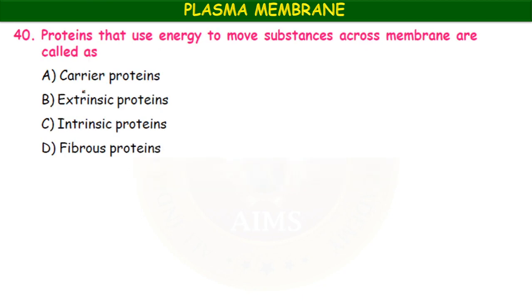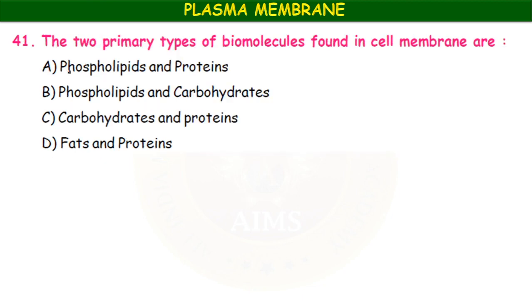The proteins that use energy to move substances across the membrane are called which proteins? Carrier proteins, extrinsic proteins, intrinsic proteins, fibrous proteins. The carrier proteins are those that use energy to move substances across the membrane.